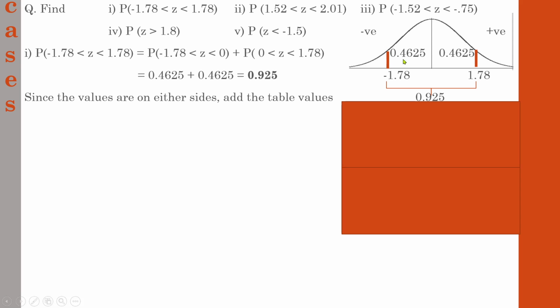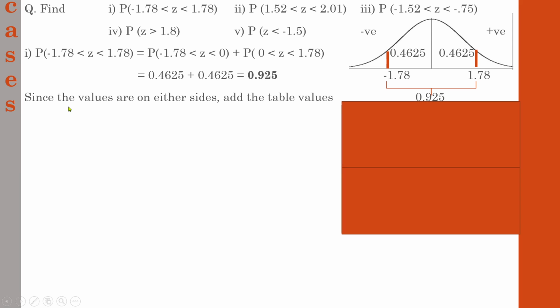See, 0.4625 is the measurement from this point to this point, as per the table value. Similarly, here also it is 0.4625 because the right side represents positive values and the left side represents negative values. So if you add these two sides, definitely you will get the total area between these points, which is 0.925.